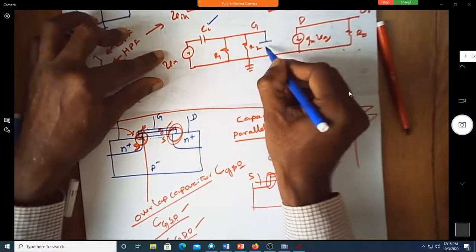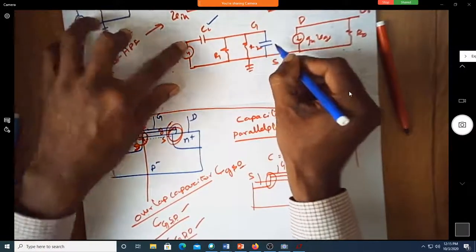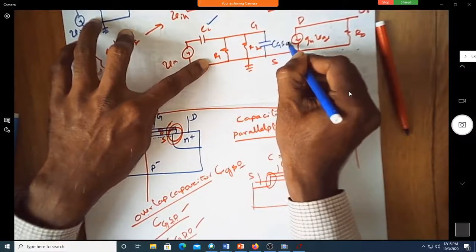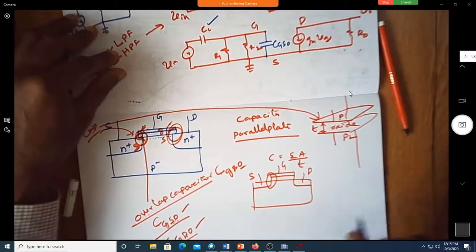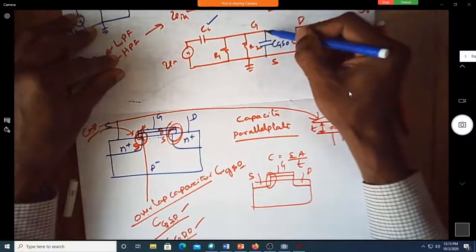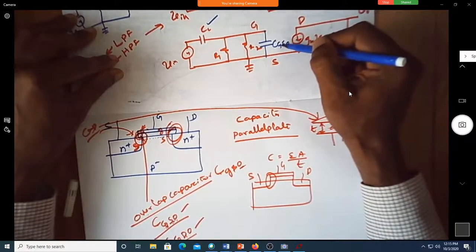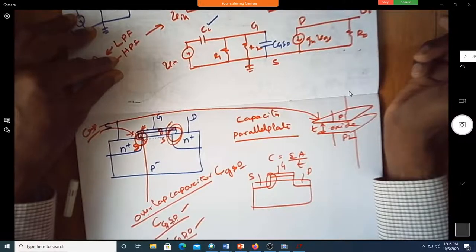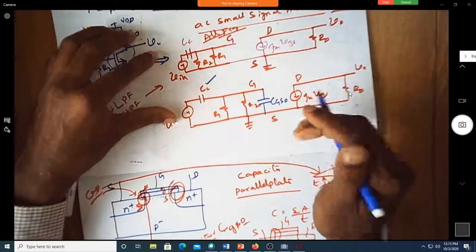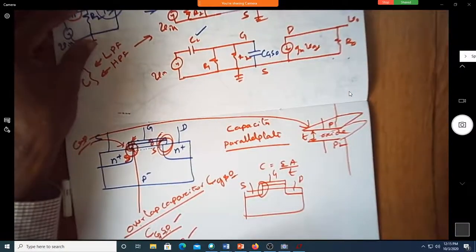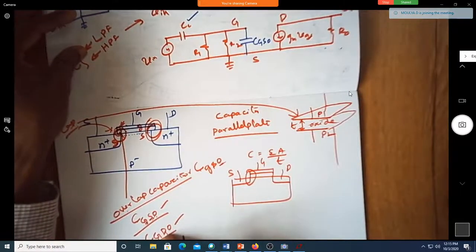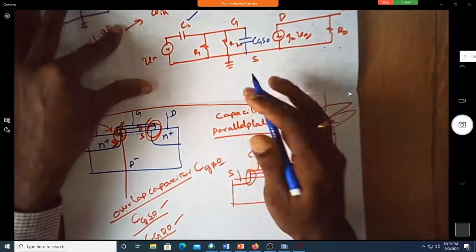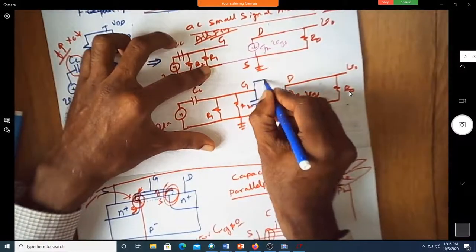This is gate, this is source, this is CGSO. Because it is between gate and source, I'm just putting a capacitor there and naming it CGSO. And I'll have one more capacitance between gate and drain. See here, is it there between gate and drain? Yes, sir. So I will put it across this.